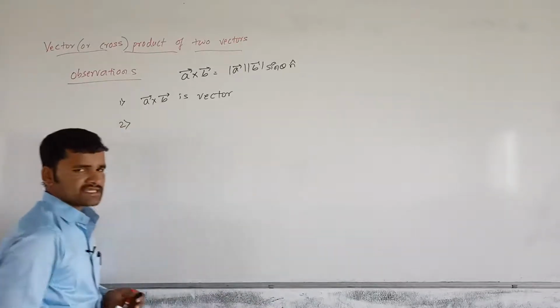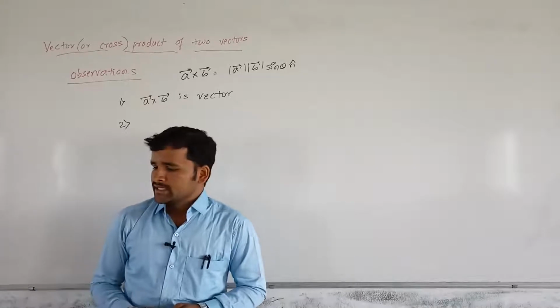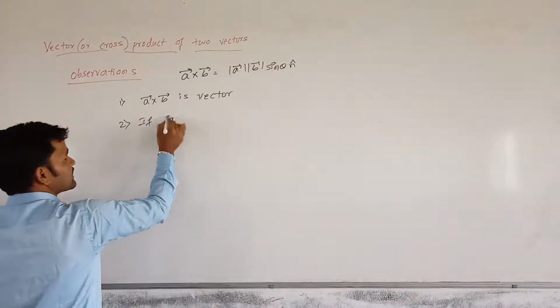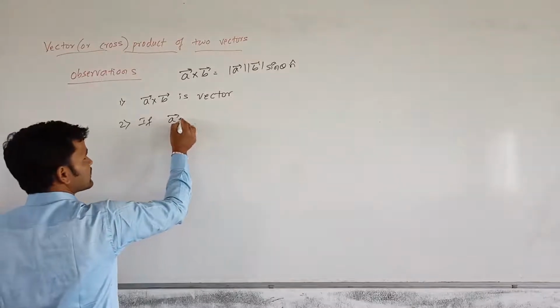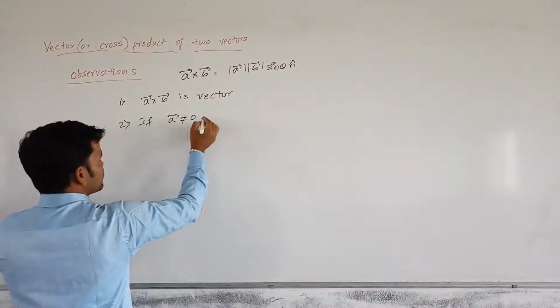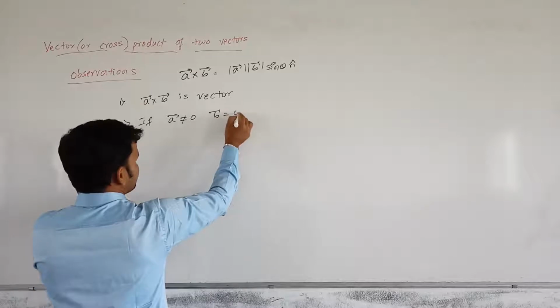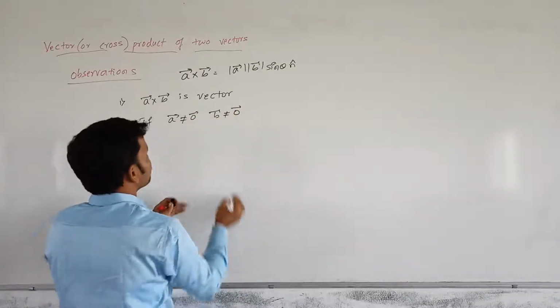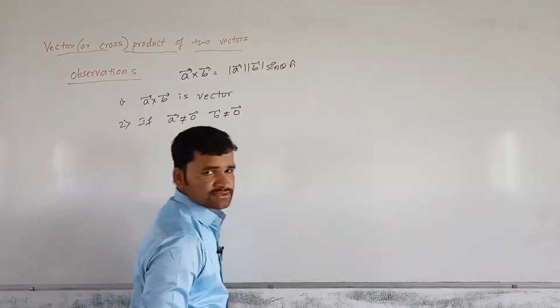Now the second observation is that if vector A is not equal to 0 and vector B is also not equal to 0 vector, then is there any possibility of A cross B being equal to 0? Yes.